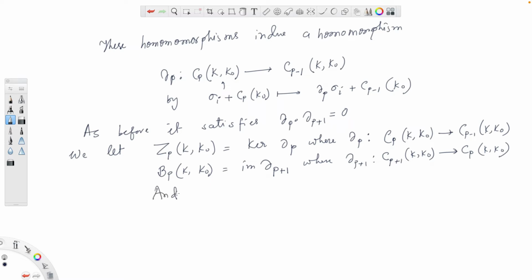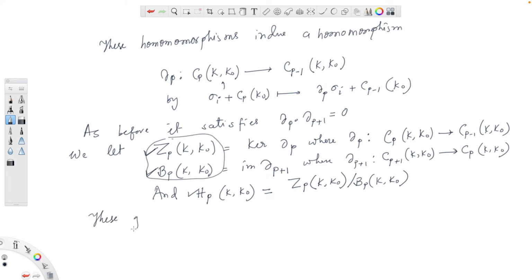And the respective homology group is given by the quotient of Zp of K comma K0 by Bp of K comma K0. So there are three groups. This is a group, this is also a group, and this is a quotient group that one obtains using these two groups.